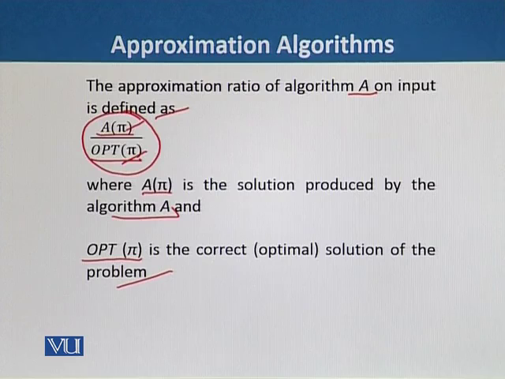After dividing A(π) by OPT(π), we come up with the approximation ratio. We obtain the value of OPT(π) by using different methods, and we come up with the optimum solution of the problem.